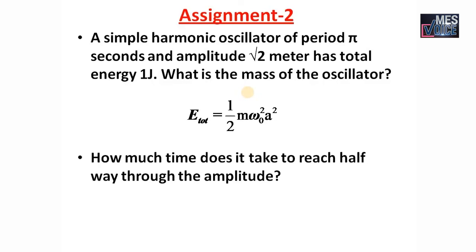And this is a sub-question to this: how much time does it take to reach halfway through the amplitude? The question is asking, suppose it is starting from the equilibrium position, that is x equal to 0, how much time will it take to reach A/2.